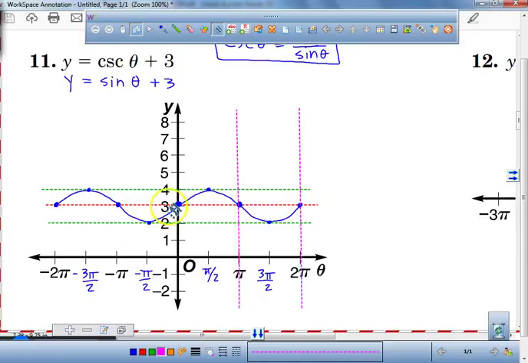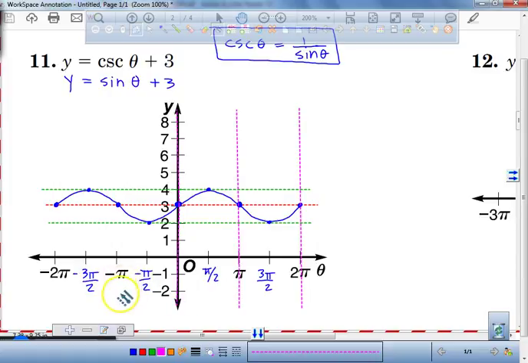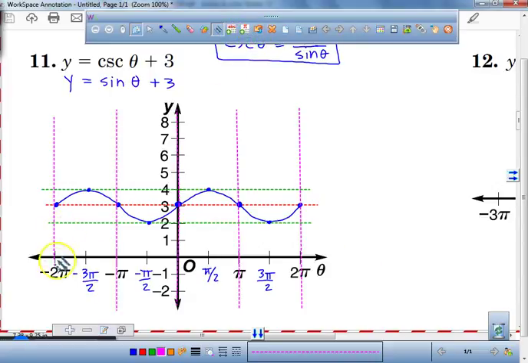Draw in your asymptotes. This gives me my boundaries for where I'm going to draw my cosecant of theta graph.